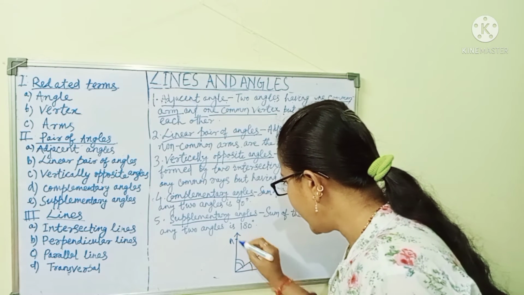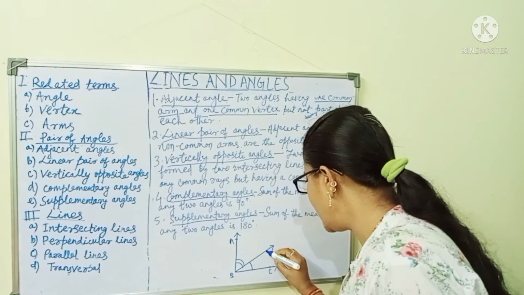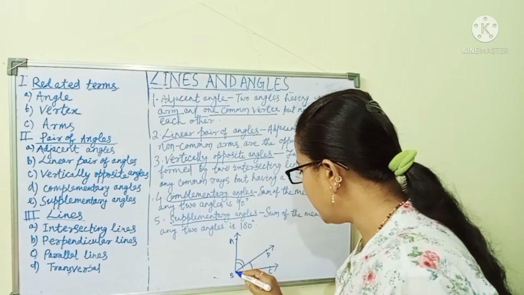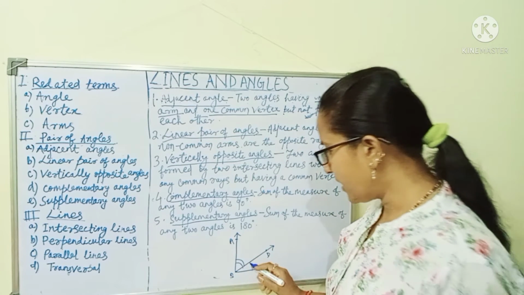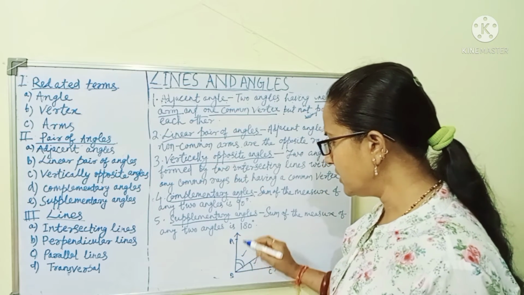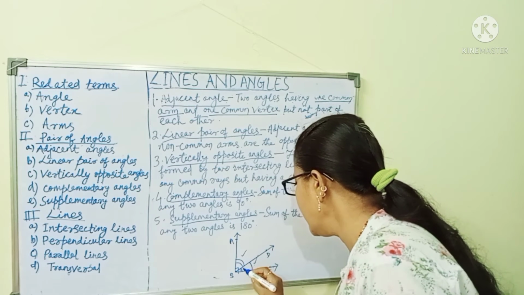I will name it A, B, C and D. So ABD angle is complementary to DBC angle because the sum of these two angles is 90 degrees.